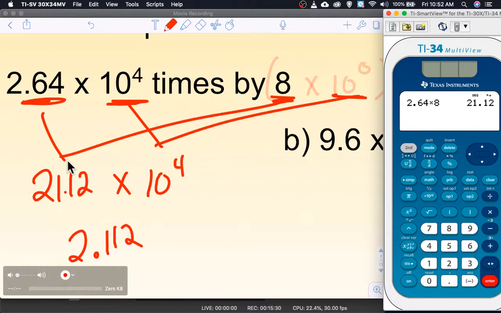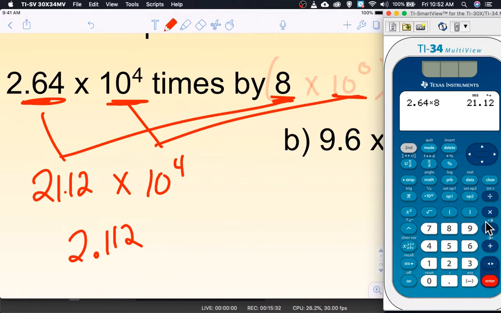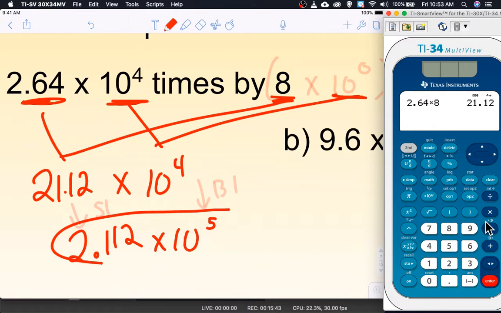My decimal piece here is too big. Times by 10 to the something. He's getting smaller by 1. He gets bigger by 1. Makes it a 5th power. And we're done.